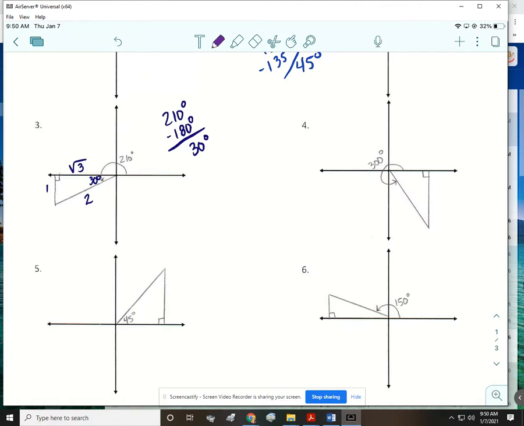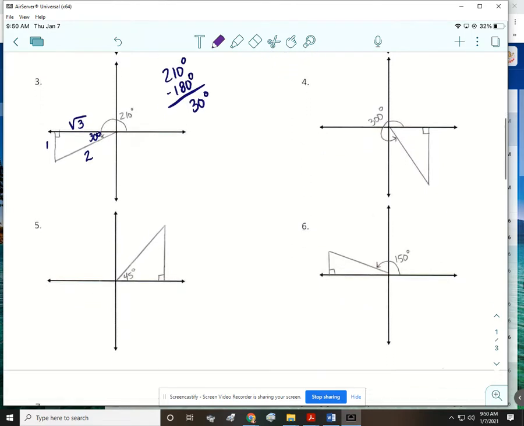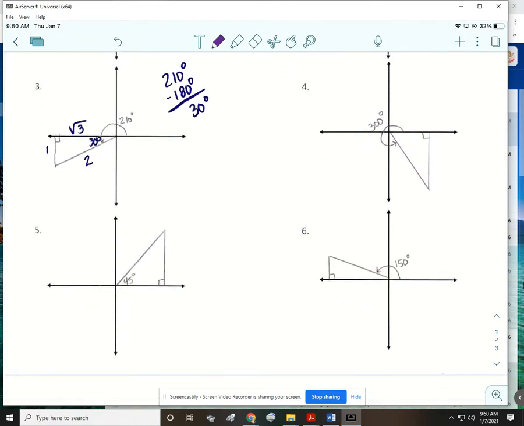All right, then on number 4, when I want to find the reference angle in quadrant 4, this is one where I'm going to use 360. So I'm going to take 360 degrees and subtract 300 from it. That's going to give us our angle inside the triangle.